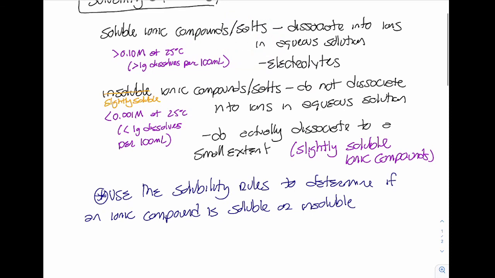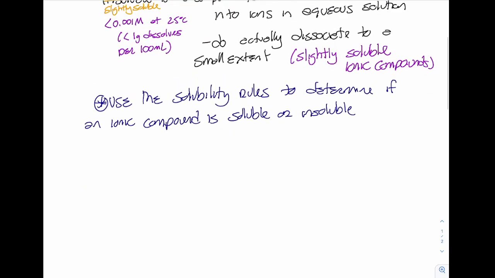A few examples, and you do have a copy of those solubility rules on the front of your periodic table. So if you want to pause real quick and grab your periodic table and then come back, I'm grabbing mine also. We'll go through some examples.